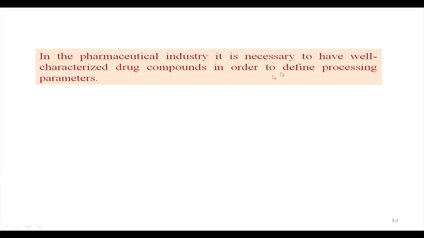So it should have very high purity, and also we need to define the processing parameters, that means how you make the sample. For any pharmaceutical material or compound, we should go through a DSC analysis. From quality control to process development in industry, we use this useful measurement technique.